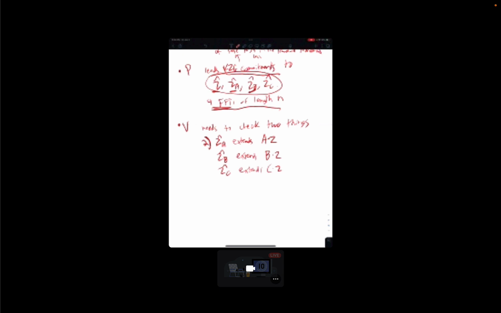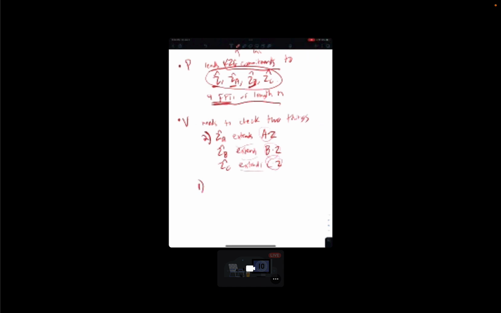So it needs to check that za hat, zb hat, and zc hat are what they're supposed to be. They're supposed to be the univariate low degree extensions of these three vectors. The verifier can't just trust that that's the case. It's going to have to check it. And then the other thing the verifier needs to check is, assuming za hat, zb hat, and zc hat are what they're supposed to be, it's going to use them to check that z satisfies the constraints. That is, Az Hadamard product Bz minus Cz equals 0.